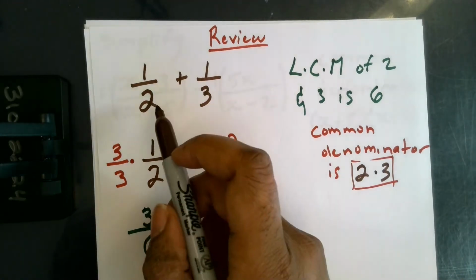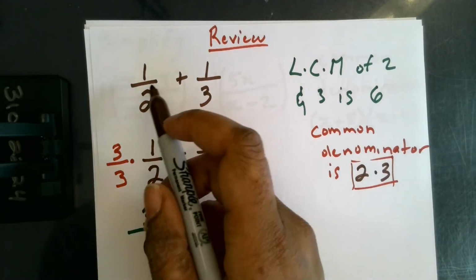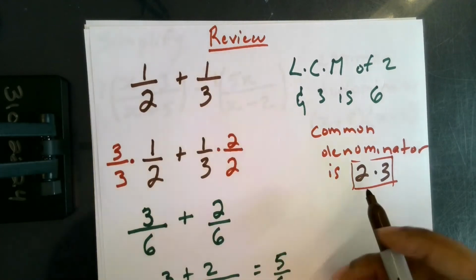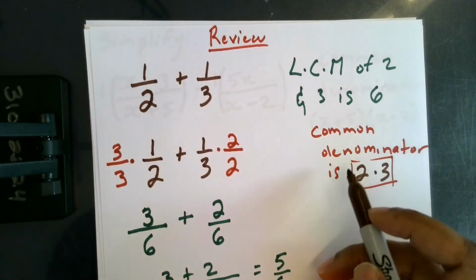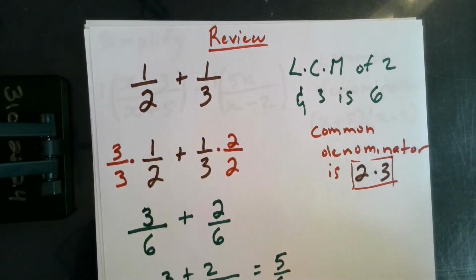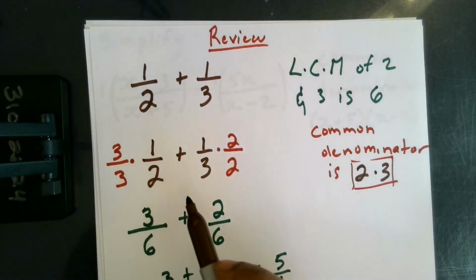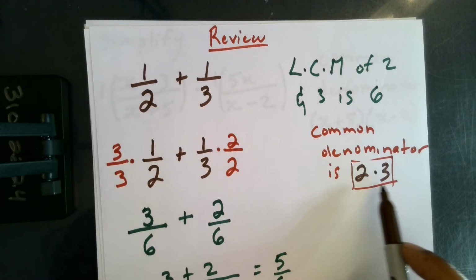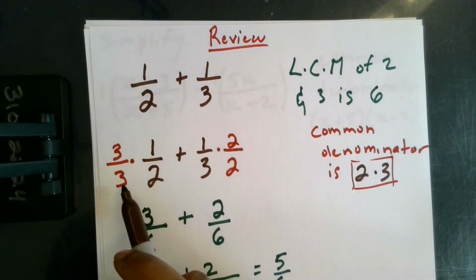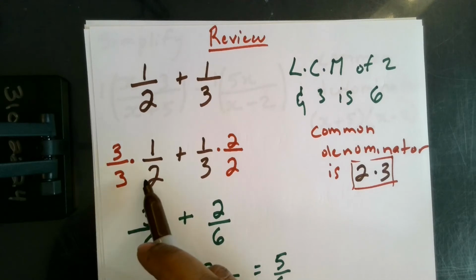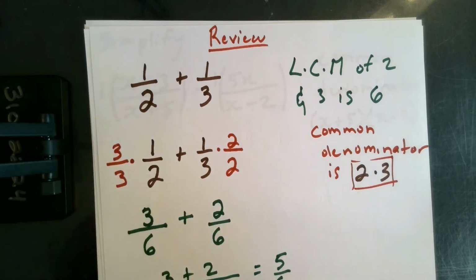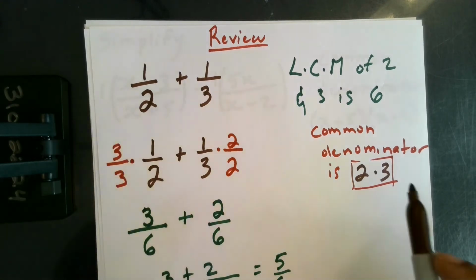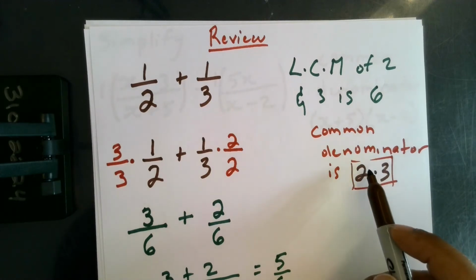Now my next step is to make the denominators resemble what I have here. Yes. So to make this resemble 2 times 3, I wrote what? 3 times 2. All right. So I check to see what is here.